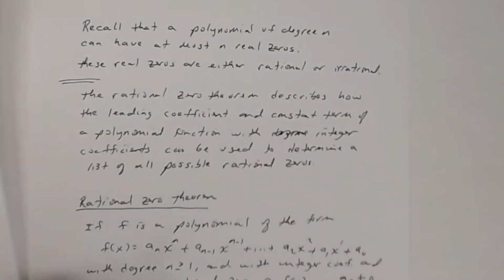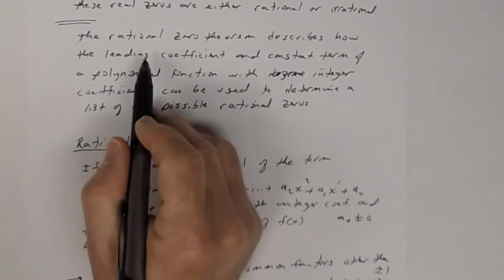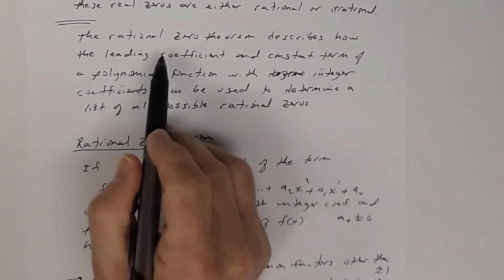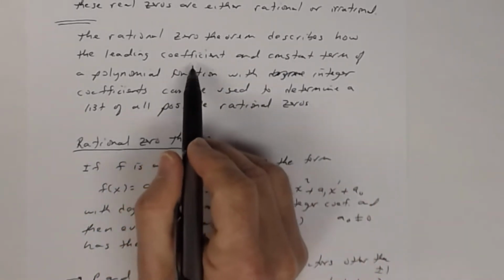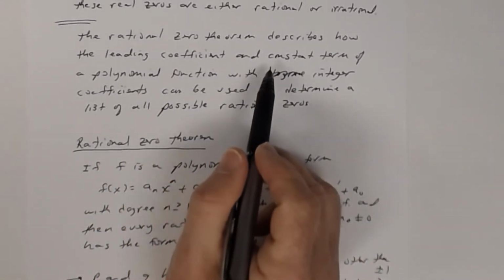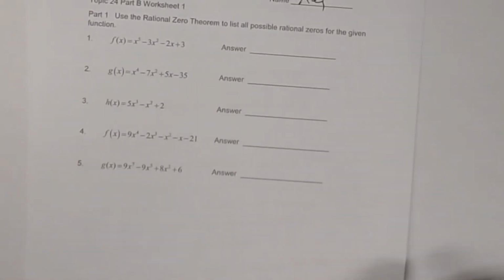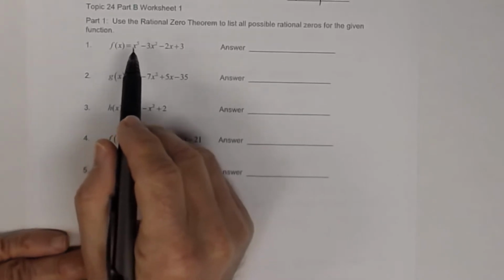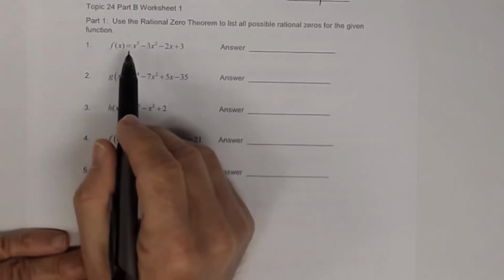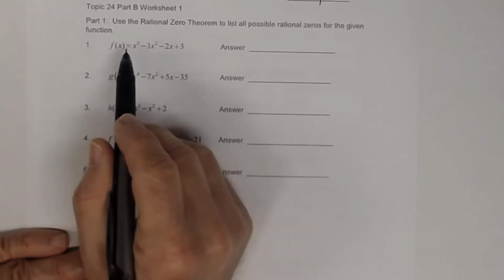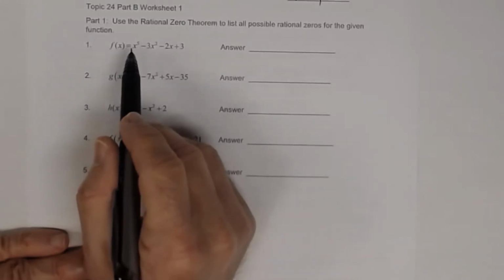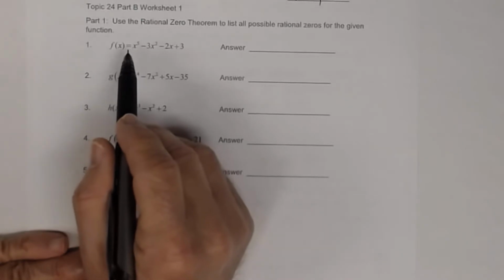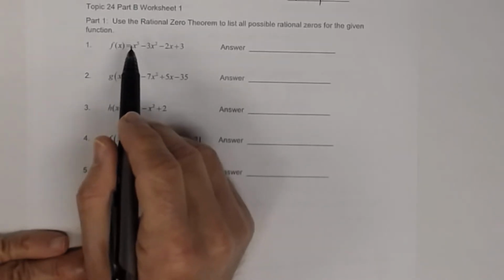Okay? The other thing you learned about the rational zero theorem was this. The rational zero theorem describes how the leading coefficient and the constant term... Now remind yourselves about what the leading coefficient is. It doesn't mean it's the coefficient of the first term listed, because when discussing the leading coefficient, you're looking at the term that's the highest degree.